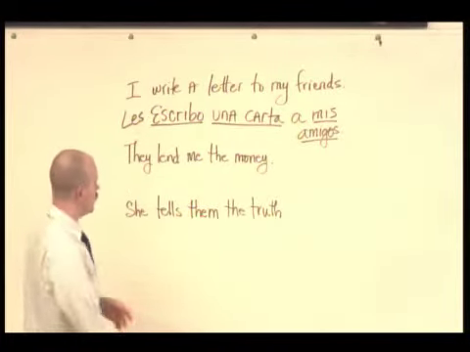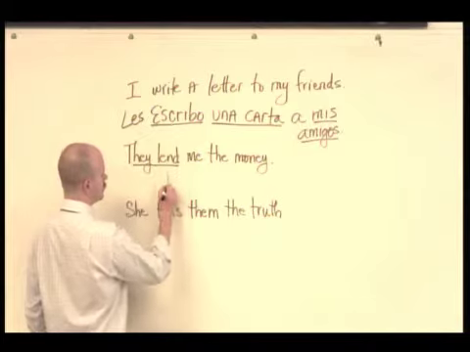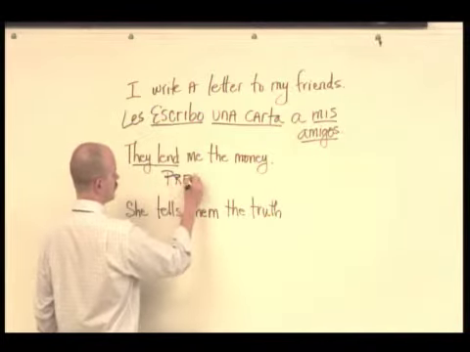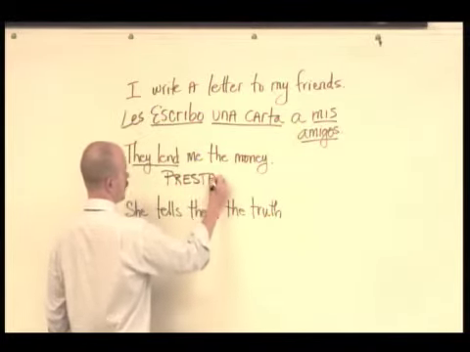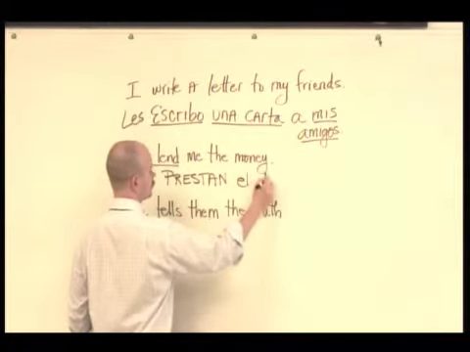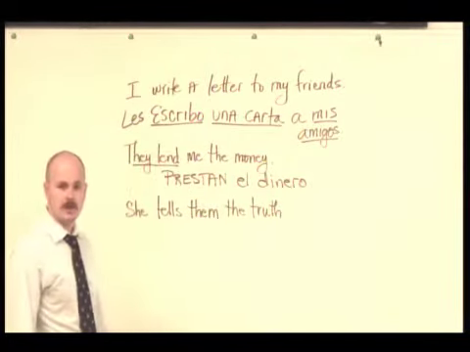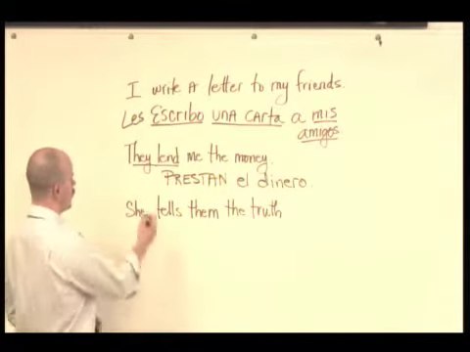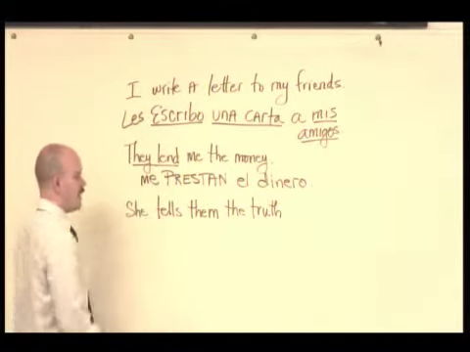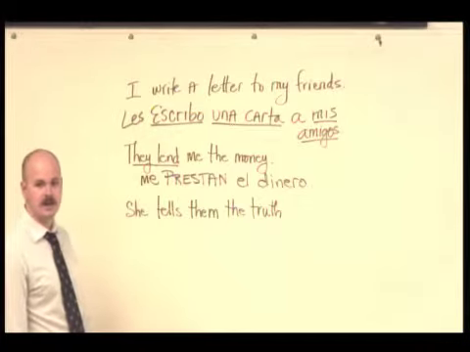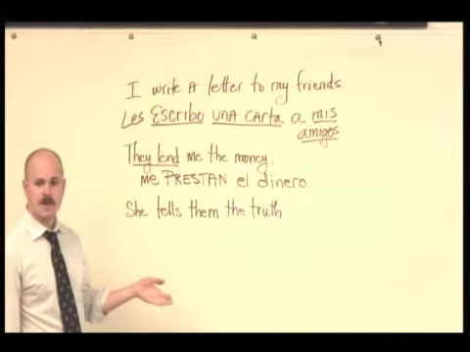They lend me the money. They lend would be prestan. The money would be el dinero. So that means they lend the money, and we want to say they lend me the money. So we put me in here. Me prestan el dinero. She tells them the truth.